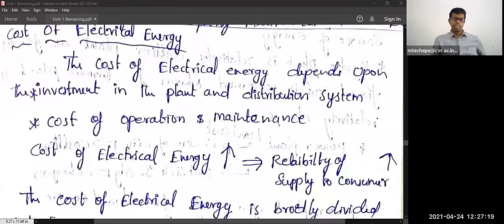So generally, the main aim of the power generating company as well as the distribution company is this. If you go to any distribution company's office, like the Telangana state electrical distribution companies, northern region, southern region, there will be one board.